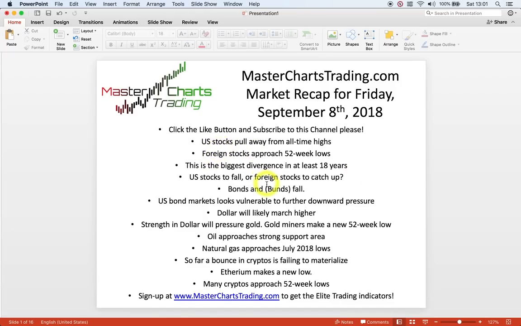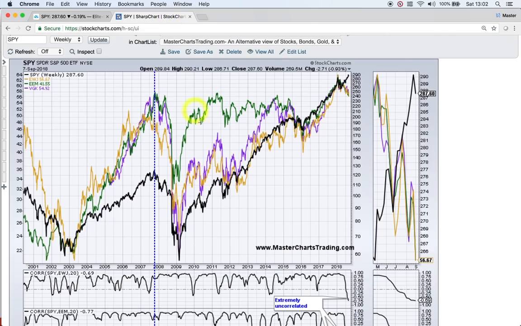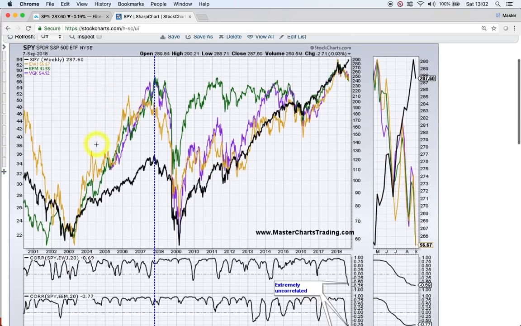Now here we need to make an important distinction, because there's a huge divergence between foreign stocks and United States stocks. So let me show you what I mean here. In this chart, this is a weekly S&P 500 chart.